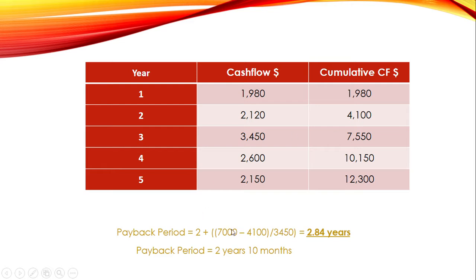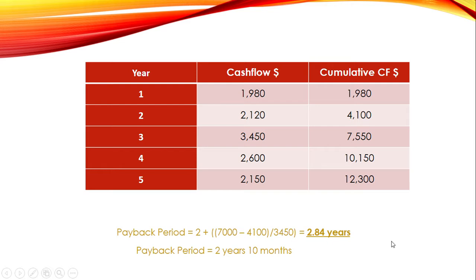So 7,000 minus 4,100, which is 2,900, is the amount we still need to recover in year 3. The cash flow we receive in year 3 is 3,450. So 2,900 divided by 3,450 is 0.84, plus 2 years becomes 2.84, which is the payback period.